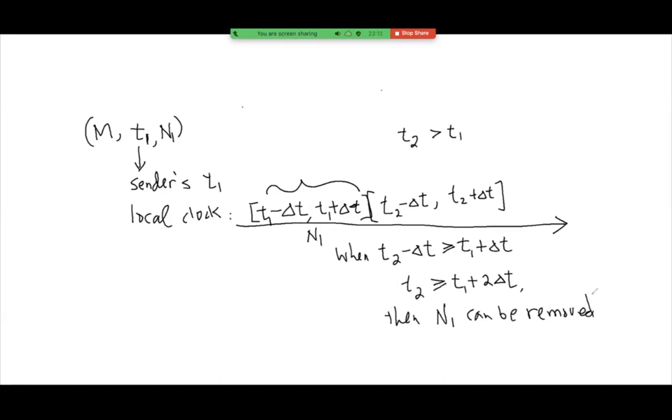So you don't have to keep this N1 anymore when this time T2 is greater than T1 plus 2 delta T.